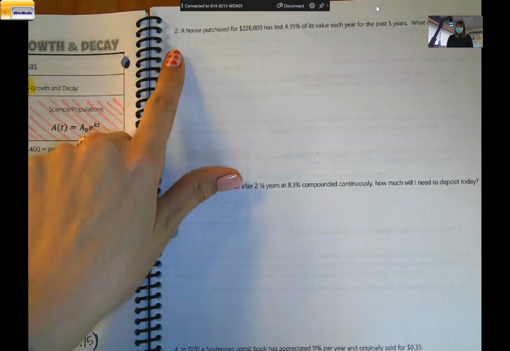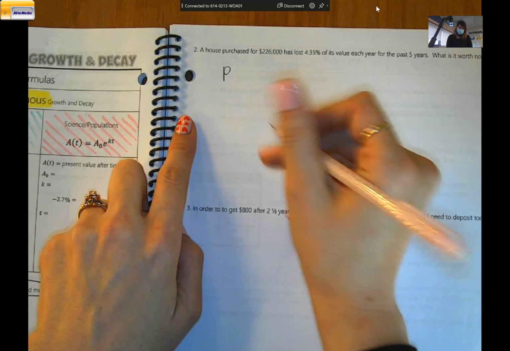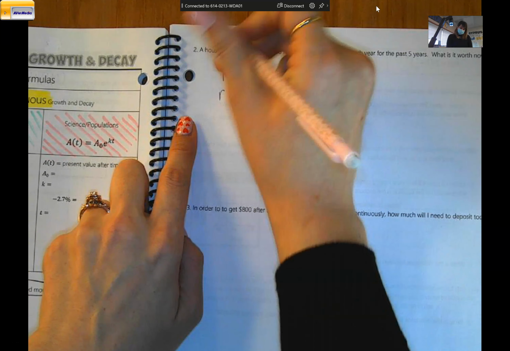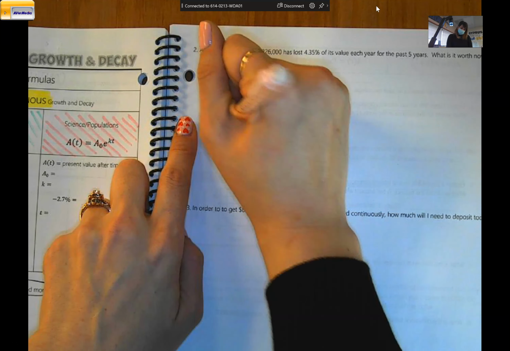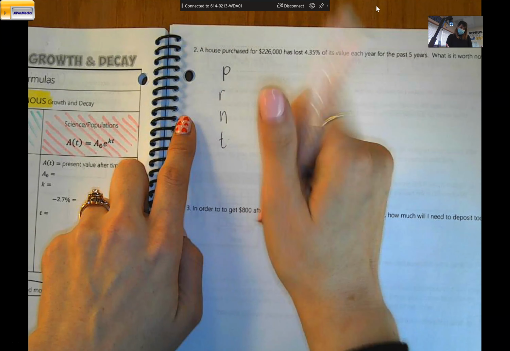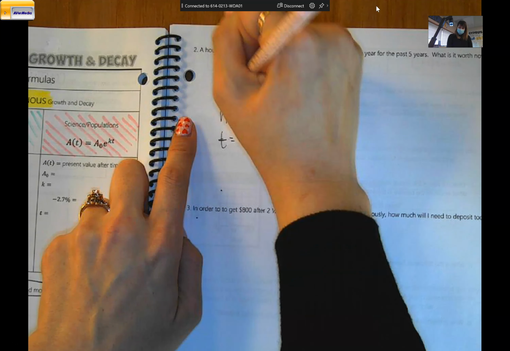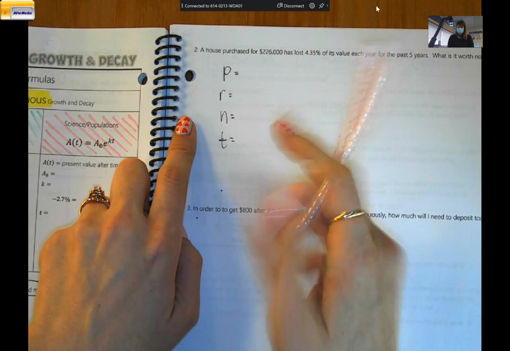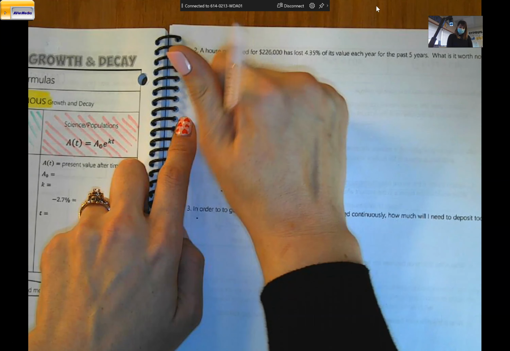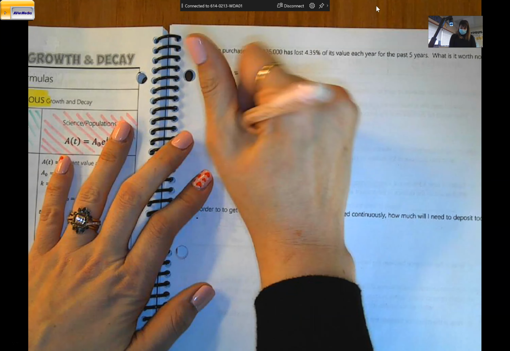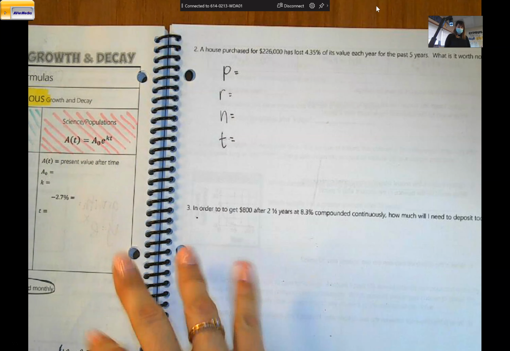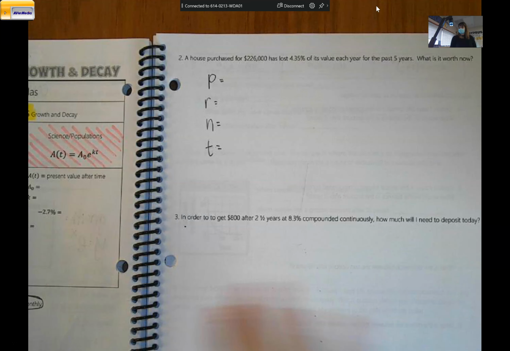So you are going to identify your capital P, your R, your N, and your T. So you don't have to plug anything in yet. I just want to see if you can identify what these values are. So I'm going to read it, and then I'm going to walk through once to verify that you guys wrote something down, and then we'll check in.